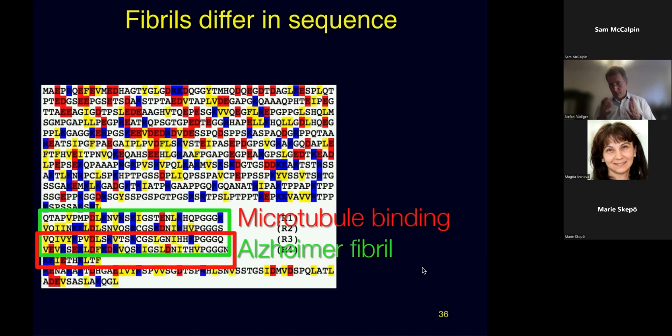The artificial fibrils we make comprise the entire microtubule binding domain. But there's a stretch at the very end that's lacking, and the Alzheimer's fibril lacks the first two repeat regions. Now, what does it mean?